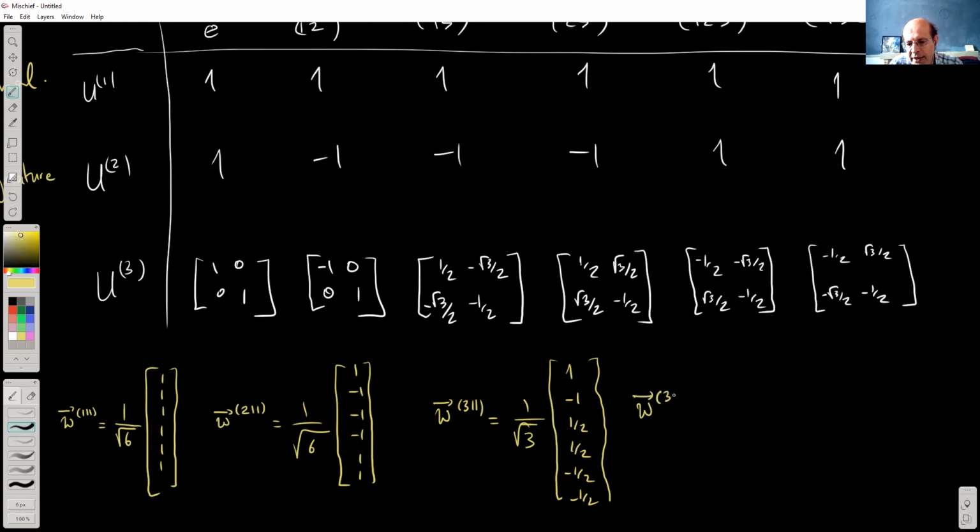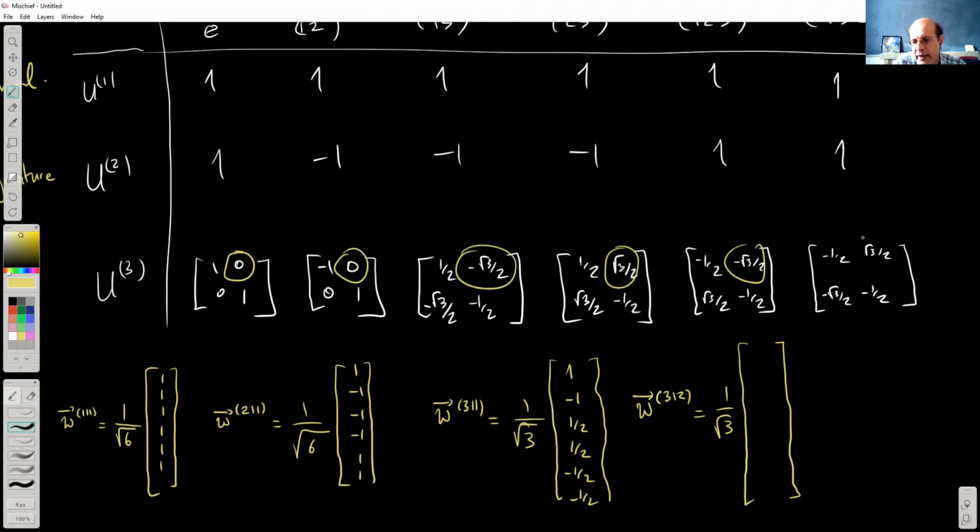This time I'm going to pass to 3,1,2. Let me write this coefficient in front. Which elements do I write in here? These are the 1,2 matrix elements of these matrices, all of these six. So let me quickly do these as well. That's 0, 0, minus root 3 over 2, root 3 over 2, minus root 3 over 2, and root 3 over 2.